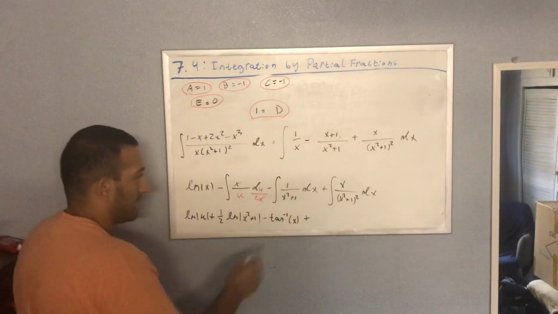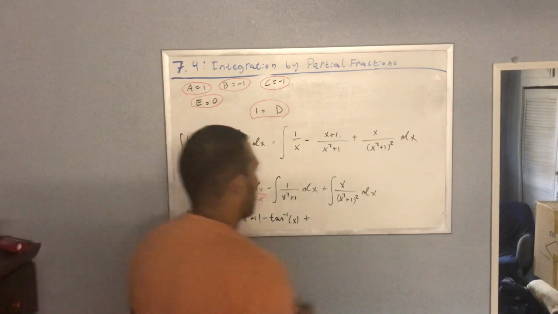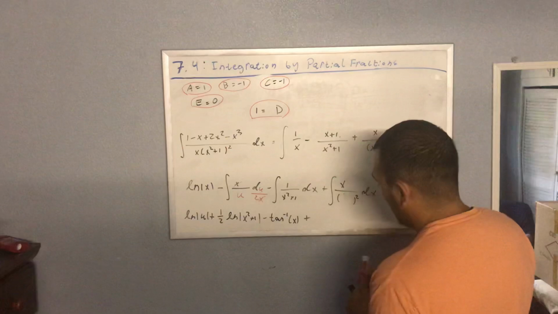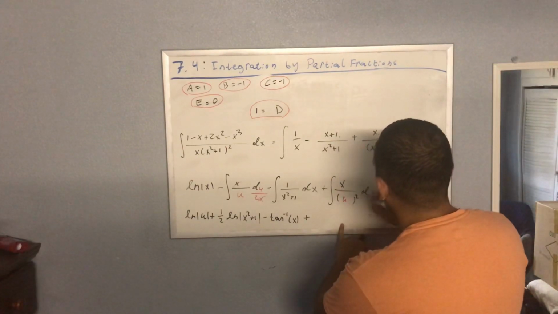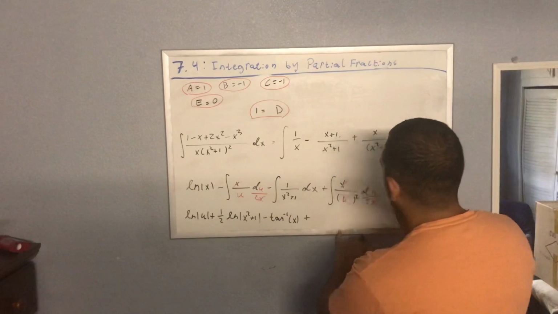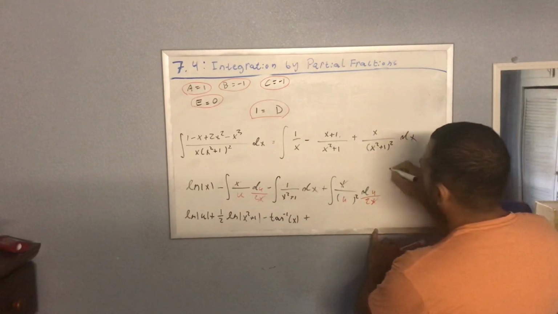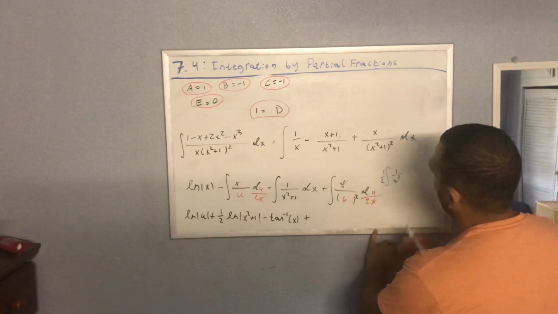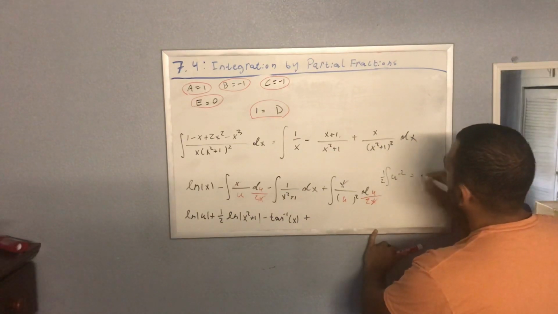And then this one here is, again, you could do a u substitution, let u be x squared plus 1. So then this now will be u. Then this again will turn into du over 2x. That cancels. And now this integral is effectively the integral of 1 over u squared with a 1/2. But this is the same as u to the negative 2, which is negative 1/2 u to the negative 1.